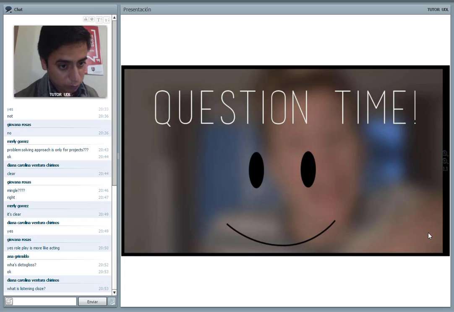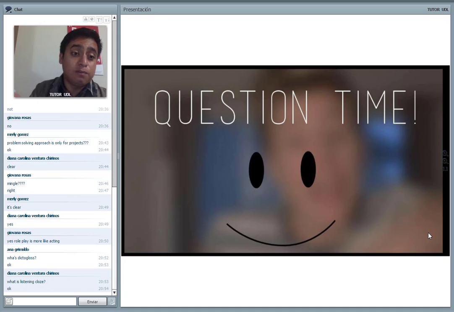That's a listening cloze. Sometimes the students complete them, or maybe they will have different choices, and they have to choose the best one for each space. It depends on the activity. But cloze means a space, so something is missing there. Maybe the students have to complete it by themselves, or they have different choices. Very good, Diana.